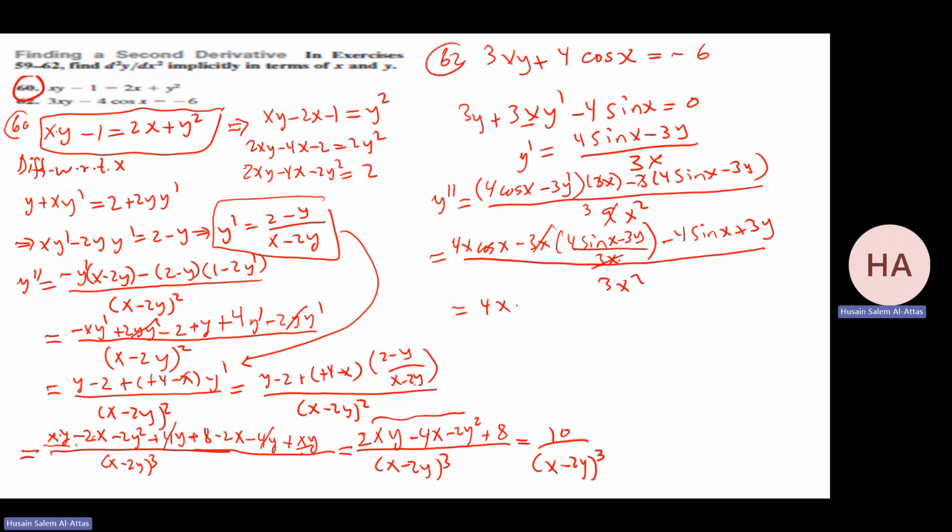So that will save time. 4x cosine x minus 4 sine x plus 3y minus 4 sine x. Is it minus or plus 4 cosine x? It's minus 4 sine x.